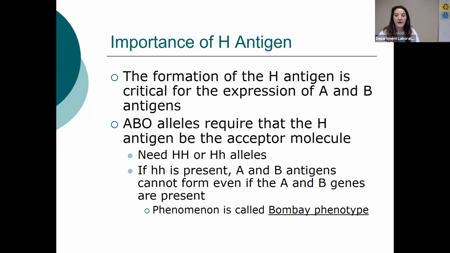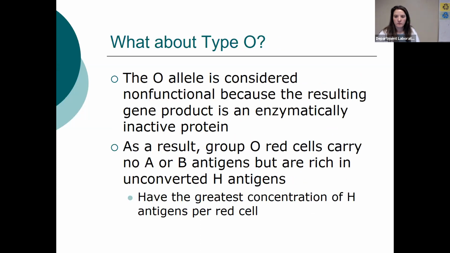And we talked about Bombay. What I want you guys to know about type O is there's no O antigen. I want you to understand that. It's termed group O because they lack both the A and the B antigen.